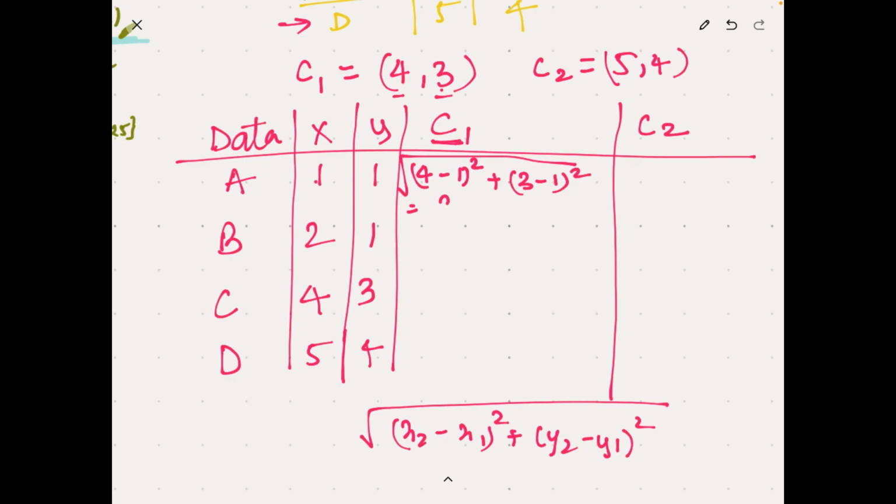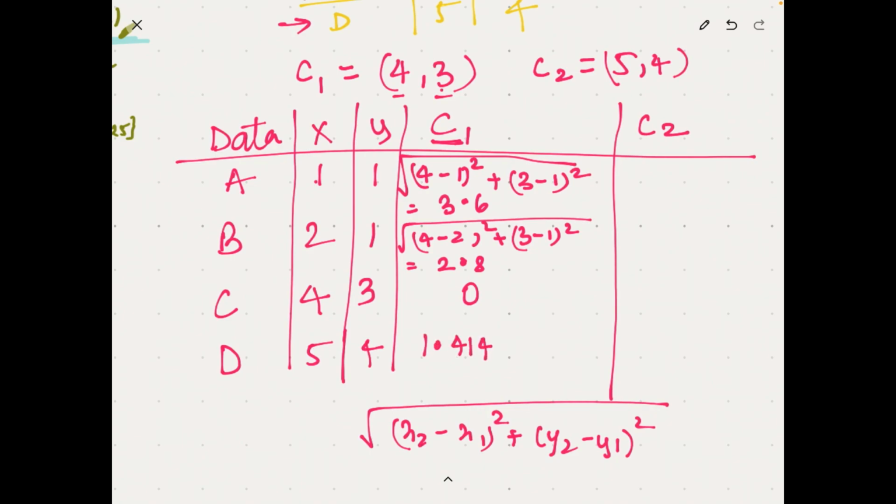Similarly, you do over here: 4 minus 2 the whole square plus 3 minus 1 the whole square, under root, which gives us 4 plus 4, which is 8, and the root of 8 comes out to be 2.8. Next, 3 minus 3 gives us 0, and then we have 4 minus 5, which gives us 1 square plus 1 square, which is 2, and the root of 2 is 1.414.